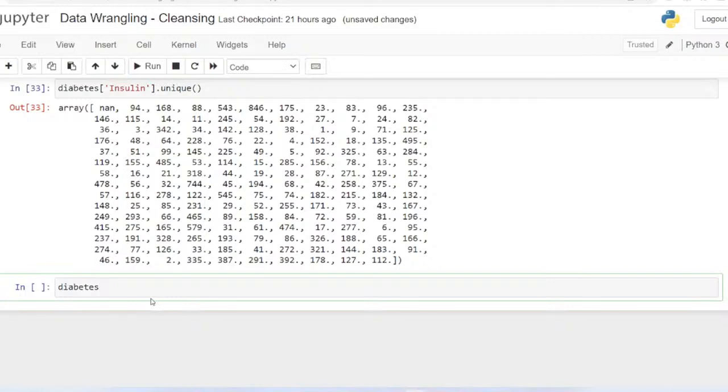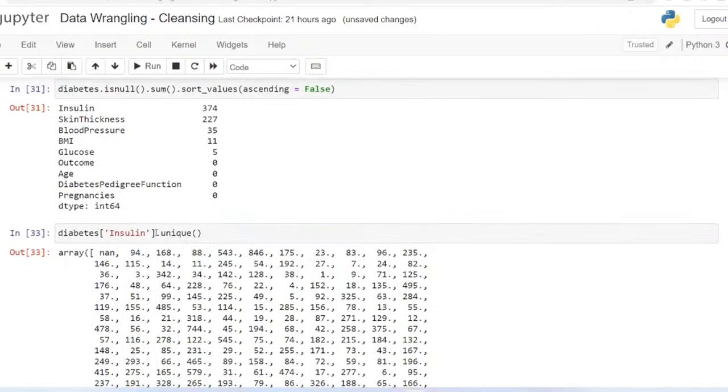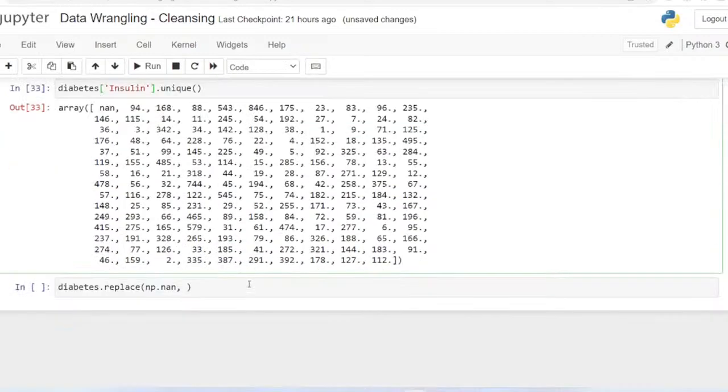So take here my diabetes insulin value, dot replace. At the first position we have to write np.nan. At the second place, we have to write what? The mean of this, correct? Replace by mean because it is a continuous value. And do update them, so inplace equals true.